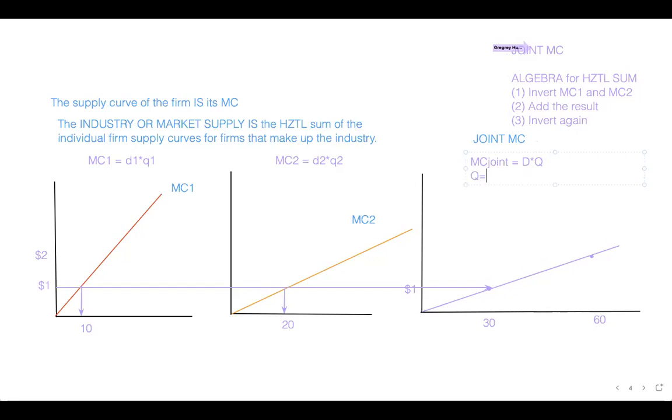Q is equal to Q1 plus Q2, and D, I'll just leave us there, right? Because we don't have enough time to finish all of the algebra right now thoroughly, and I don't want to skip past it. Okay.